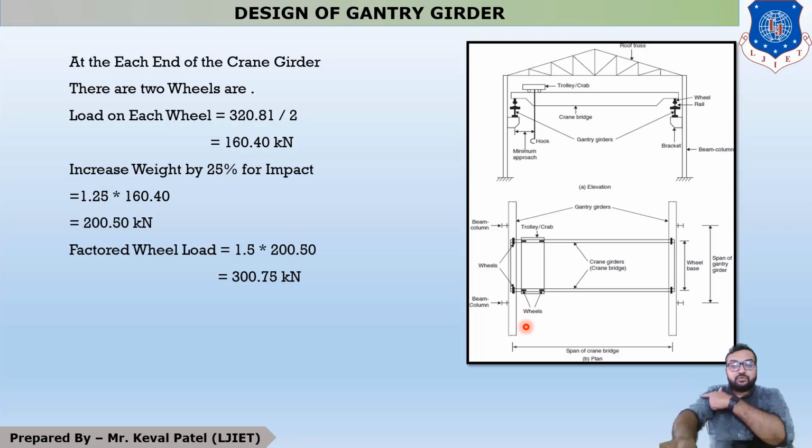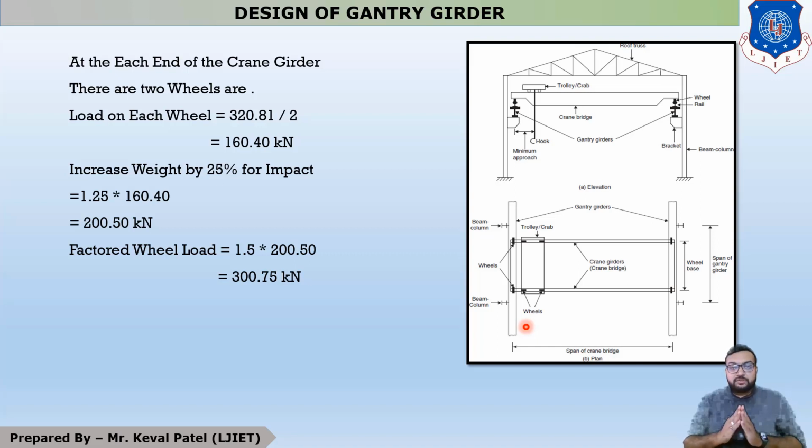So if you assume this is your 7.5 meter span and your crane girder is stopped at this end, then this is your RA and this is your RB, reaction at A and reaction at B. Whenever your crane girder is stopping there, your reaction at A is maximum. Similarly, sometimes your crane girder is stopping at this point, and at that time your reaction at B is maximum.